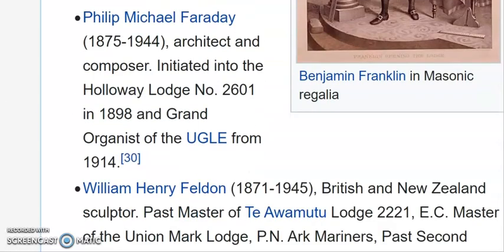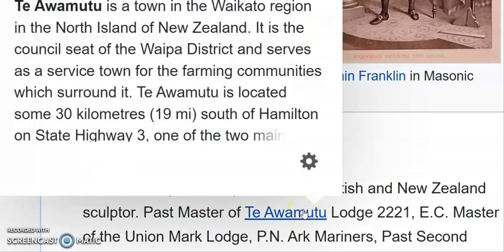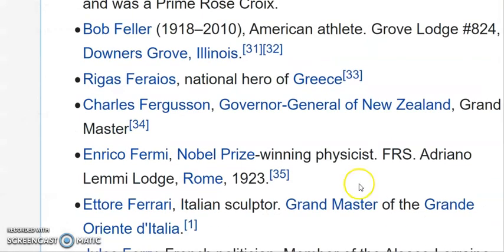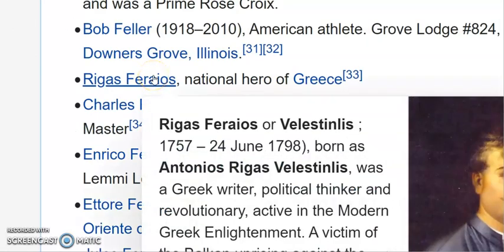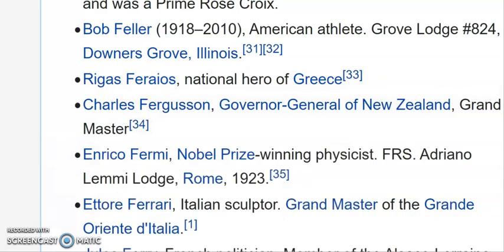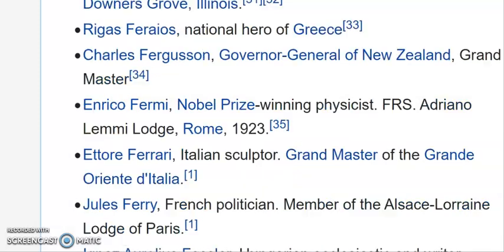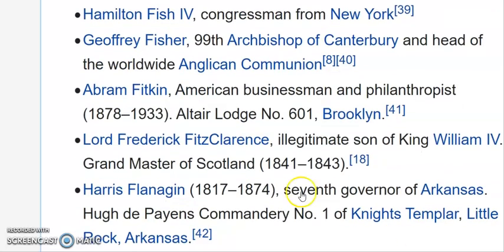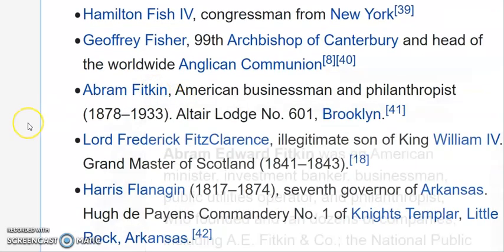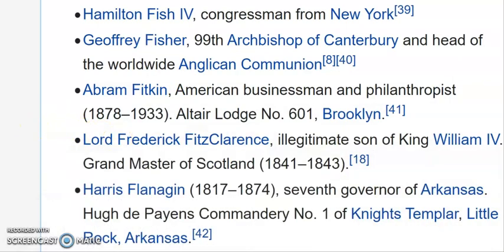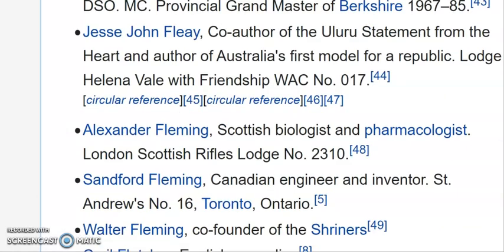So a lot of the trances, of course, every one of them, like T. Amarutu Lodge, New Zealand, Hamilton, Regus Ferrios, Charles Ferguson, 7th Baronet, Lemmy Lodge, Abram Fitkin, Fitz Clarence.